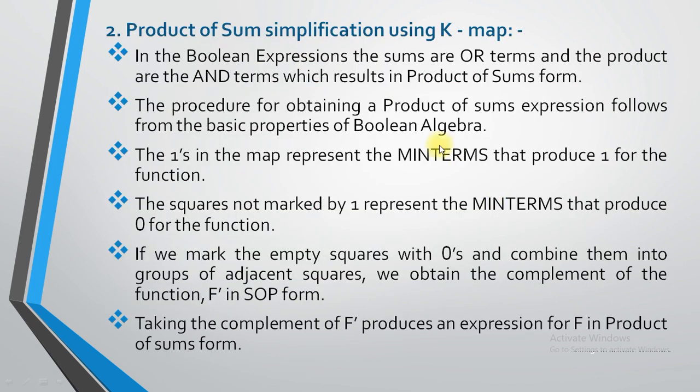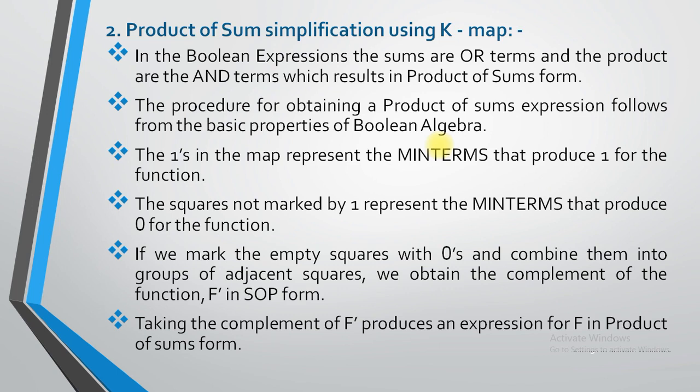Now let us understand K-map simplification using product of sum. Naturally, whatever task we have performed using sum of product is the opposite of product of sum. Over there we used OR terms, over here we are going to use AND terms.